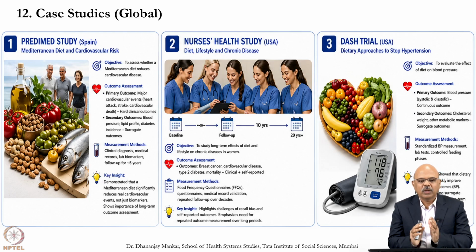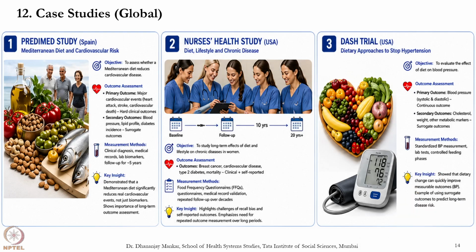Measurement methods were FFQs, that is food frequency questionnaires, personal questionnaires, medical record validation, and repeated follow-ups over the decades. The highlights were that it challenges recall bias and self-reported outcomes, and emphasizes the need for repeated outcome measurement over a long-term period to see whether there is an association of diet, lifestyle and chronic disease.